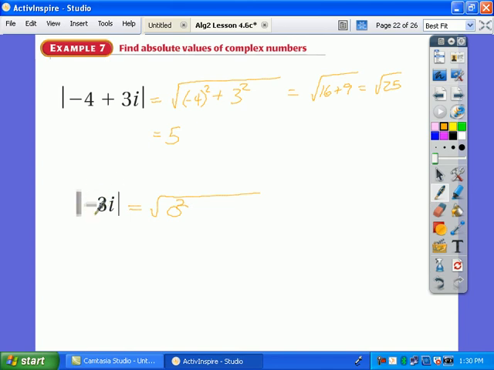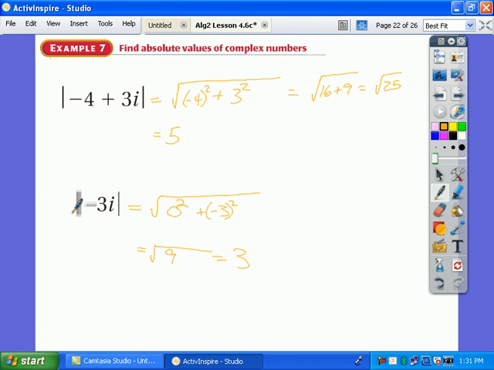Then we have the imaginary number part, which is -3, and I square -3. That gives us basically 0 plus 9. So we take the square root of 9, which is just 3. And so the absolute value of this point, -3i, is 3. That's the answer.